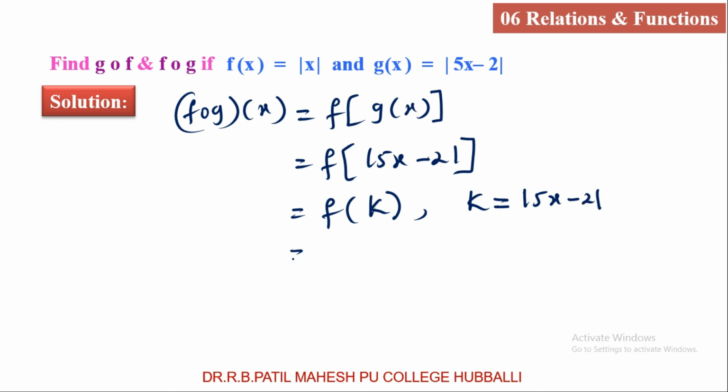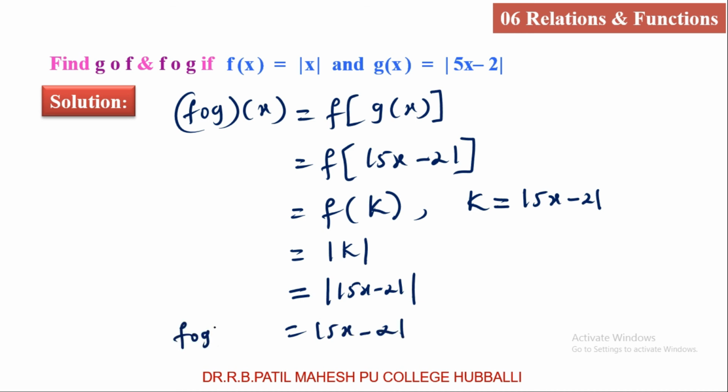So what will be f of k? f of k will be mod of k. So this is equal to modulus of k, which means mod of 5x minus 2, and you can write it as just modulus of 5x minus 2. So this is going to be f composition g of x.